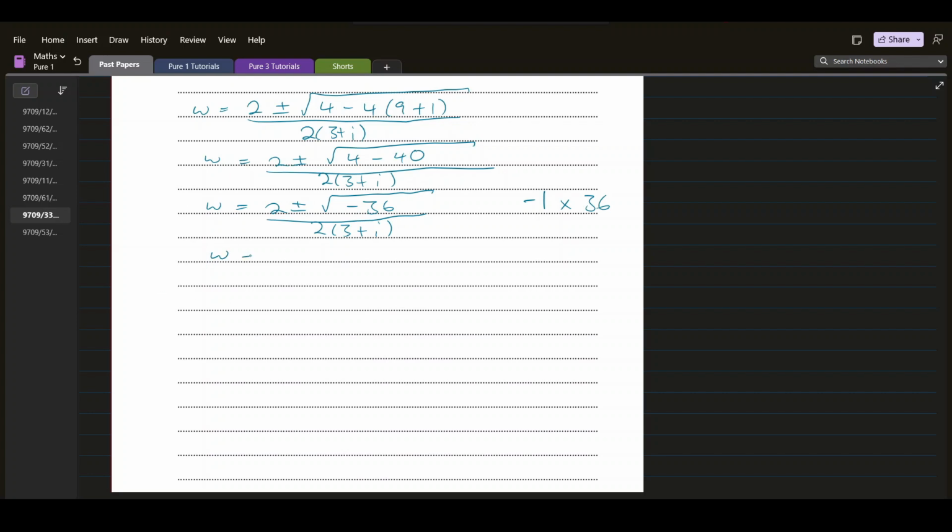So w is equal to 2 plus or minus the square root of minus 1 times 36, and this is over 2 times 3 plus i.